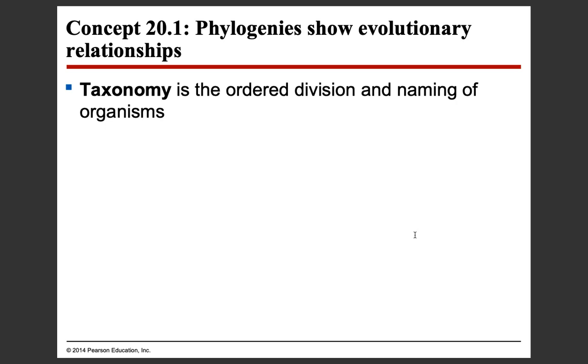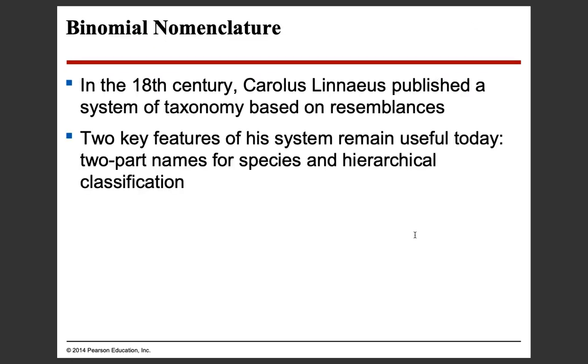That is the point. So taxonomy is the ordered division and naming of these organisms. So when we have these phylogenies that show the evolutionary relationships, we're then able to divide the organisms up further and then apply names to them. And you've probably heard of binomial nomenclature. Carolus Linnaeus is the one that came up with this naming system for taxonomy.